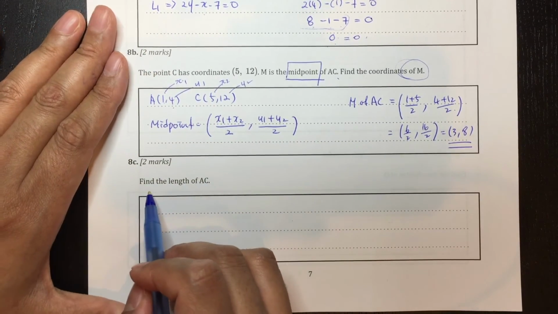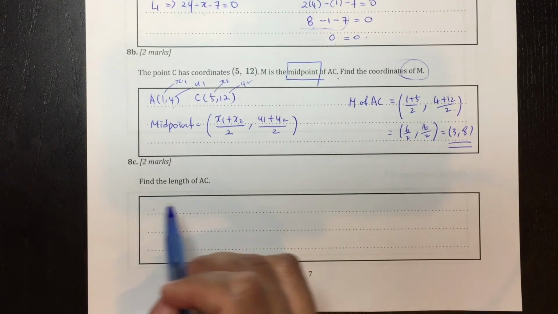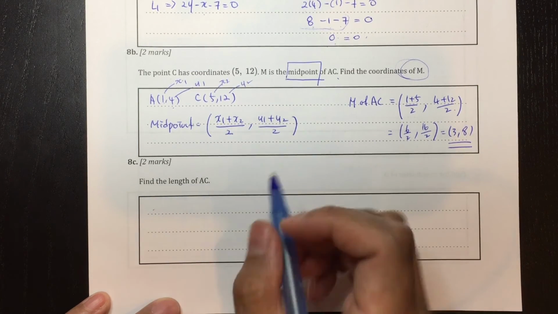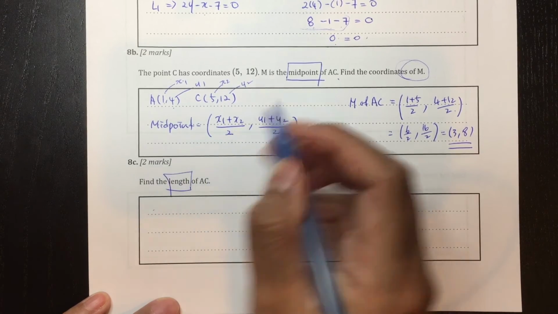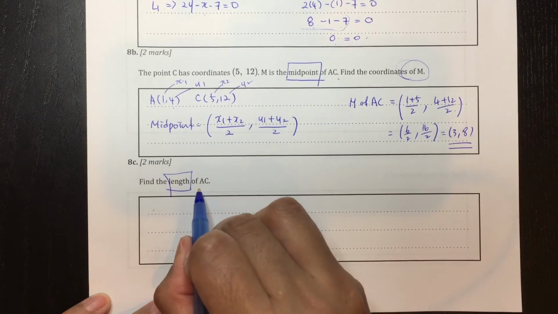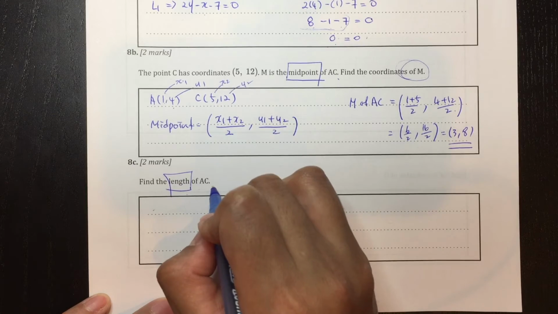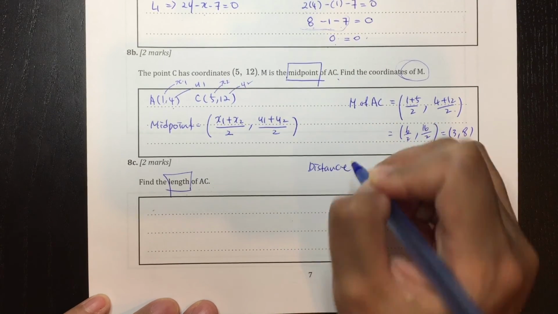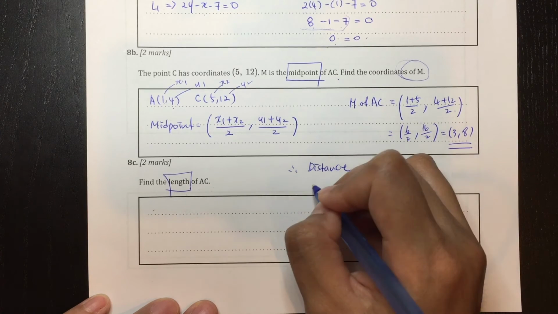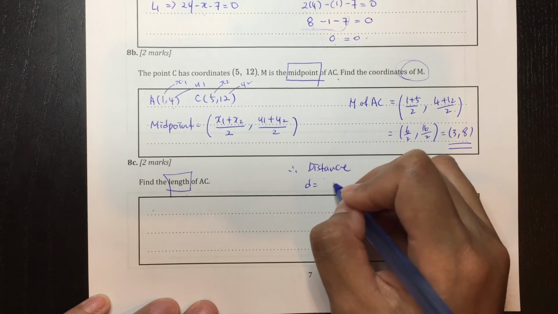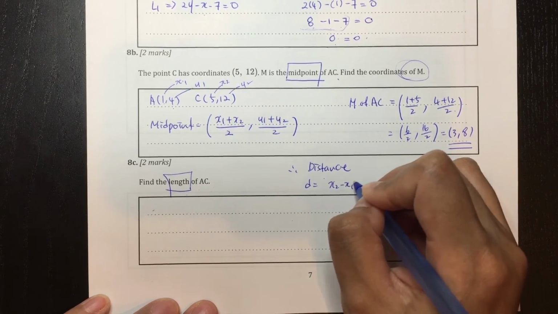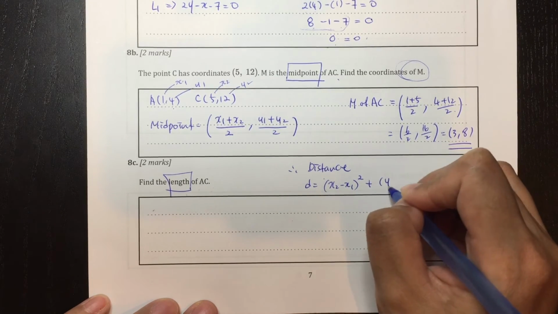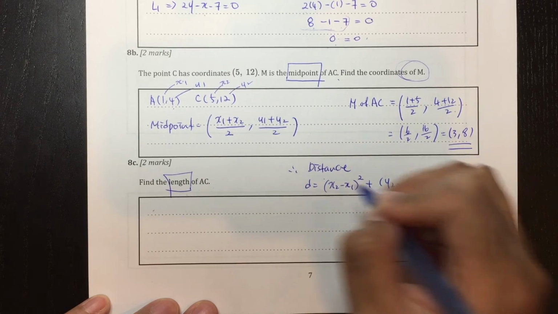Question 8c. We need to find the length of the line AC. The length, for these coordinates, means we have to find the distance. The distance formula is the square root of x2 minus x1 to the power of 2 plus y2 minus y1 to the power of 2.